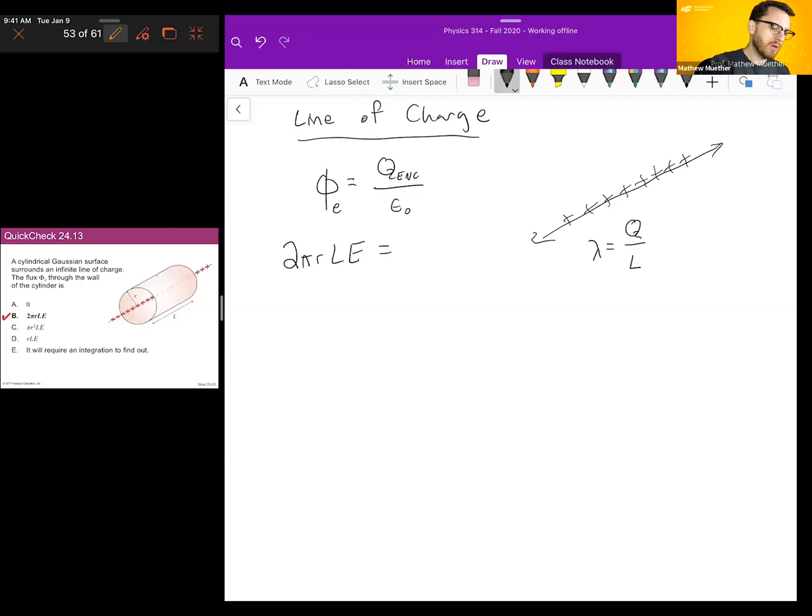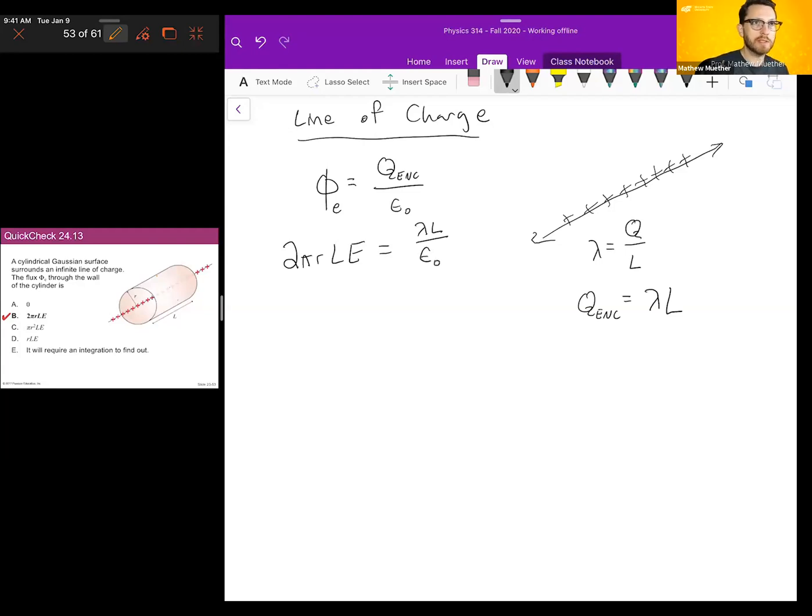And so if I want to know the amount of charge that's enclosed, Q enclosed inside of that cylinder, it's just going to be the linear density times that length L, the size of my rod. So I can just replace those here. That looks like the linear charge density times L over epsilon naught.